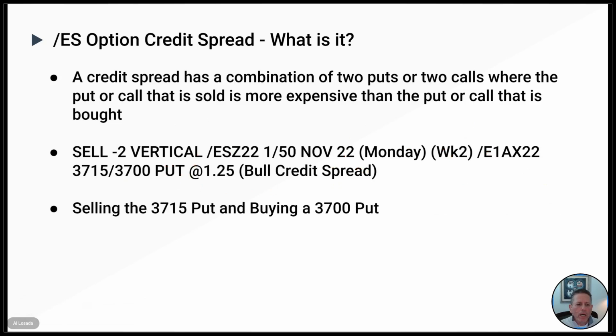In this case, we're selling a 3715 put and buying a 3700 put, and you can see here that normally I do a 10 wide on SPX, but with options on futures, I use 15 wide.